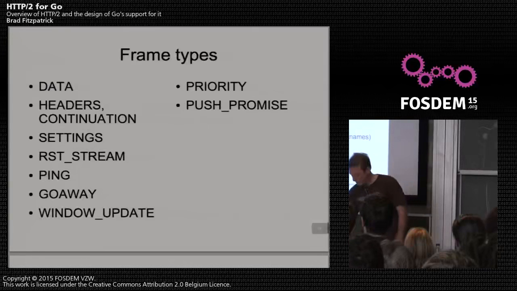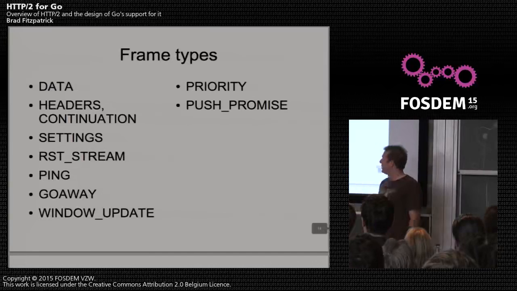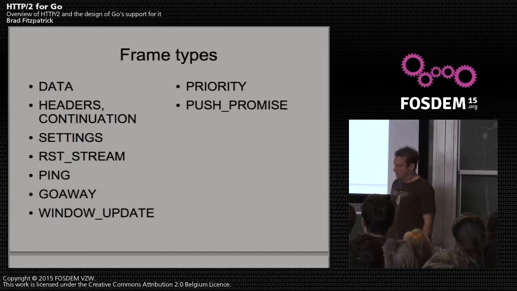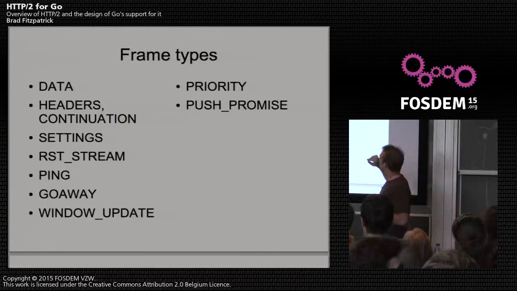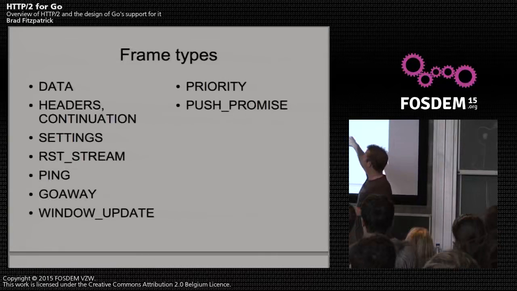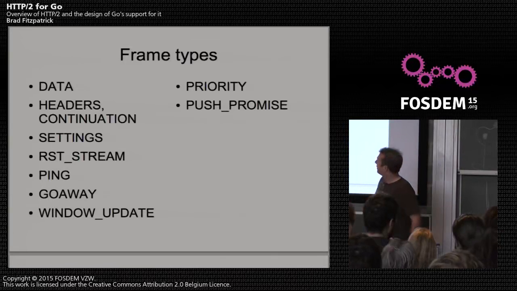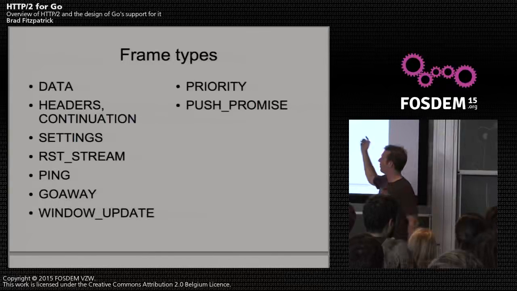It's a compression thing. So these are the HTTP2 frame types that are defined. The ones on the right are kind of optional ones that are hints from the browser and hints from the server. But the main ones are data. This is stuff going up or stuff going down, like a post body or a response to a GET.